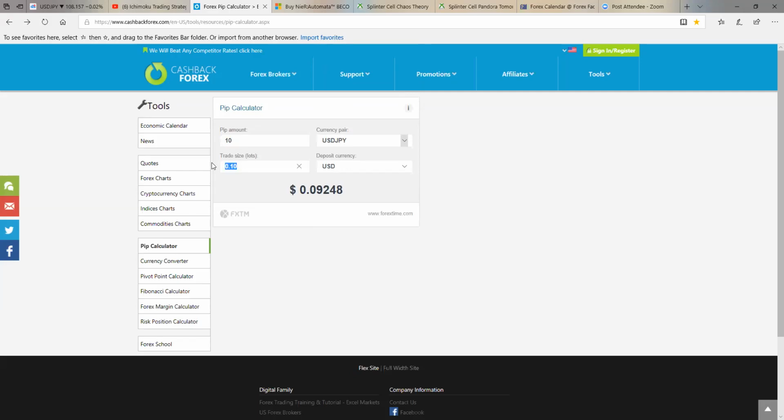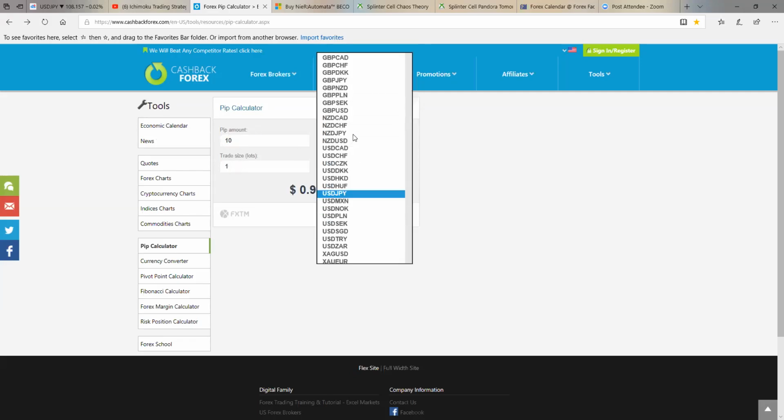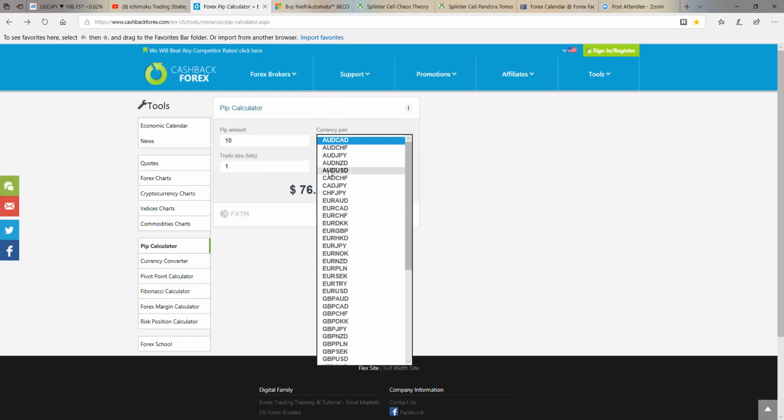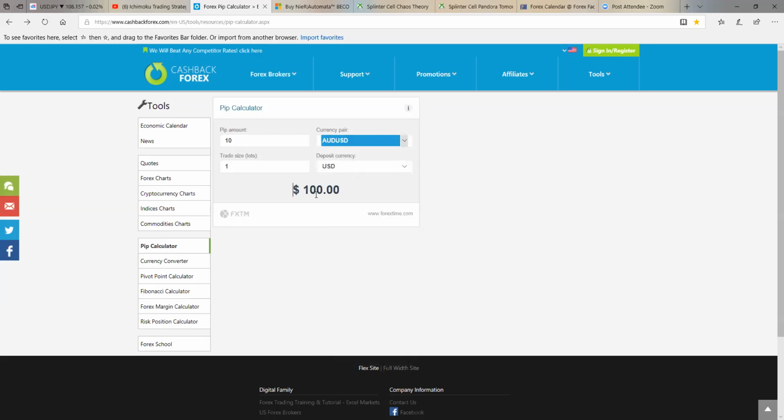So if I click on Australian dollar versus the Canadian dollar, this only pays $761 if you do $10 per point. If you go to the Australian dollar versus the US dollar, which is a stronger currency than the Canadian, then you get your full $100 for every 10 points if you go $10 a point, because 10 times 10 is 100.